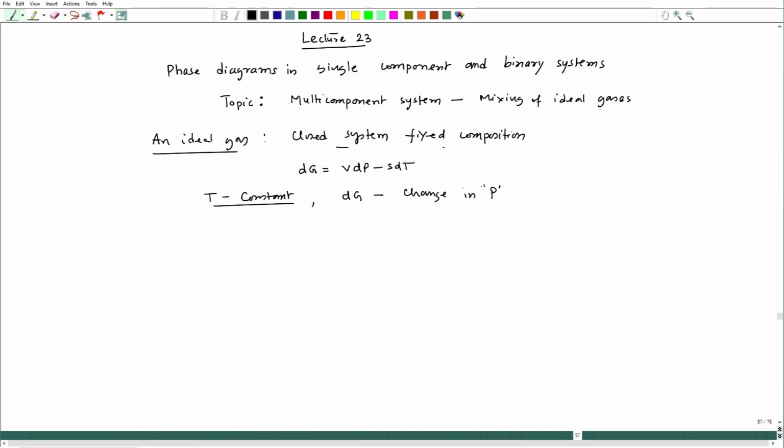Okay. So, now, G is the molar free energy, since we are starting with 1 mole of an ideal gas.